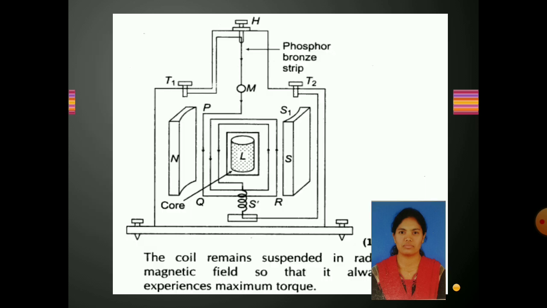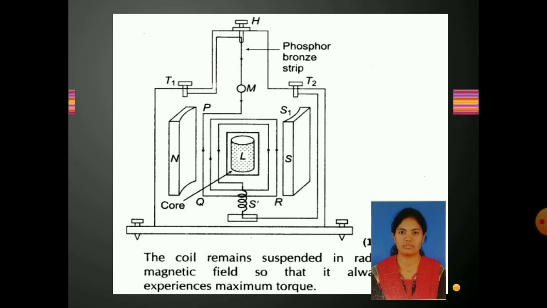Here you can see a beautiful picture showing us the concept of moving coil galvanometer. Here you can see a torsion head, and a phosphor bronze strip which is connected to torsion head T1, and the other end of the coil is connected to T2.